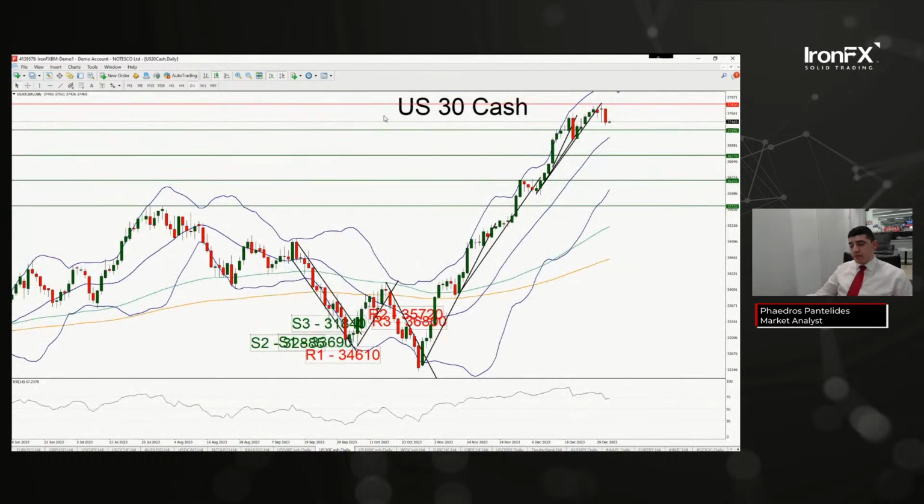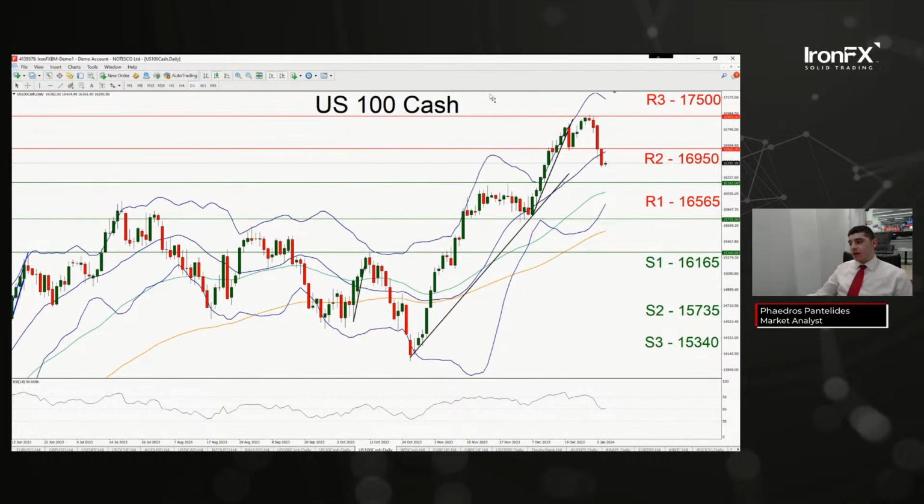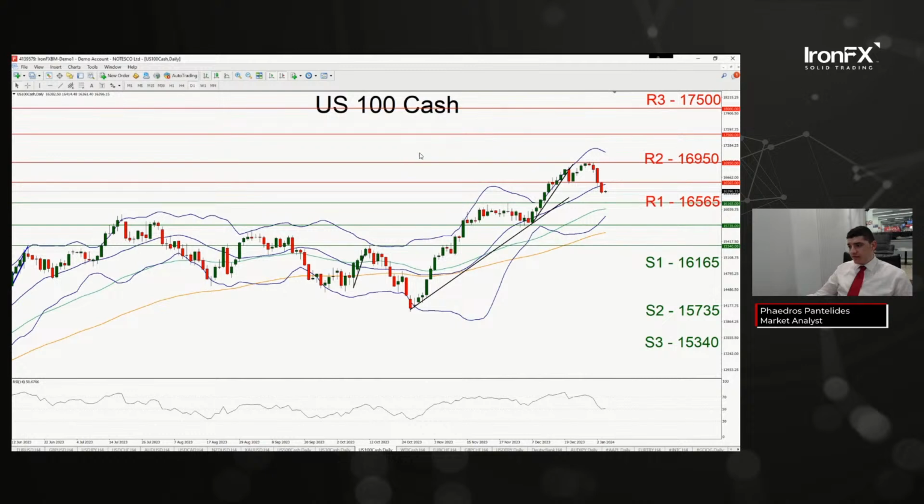Now the Dow Jones 30 appears to be holding on better than its counterparts, the S&P 500 and the Nasdaq. But if you look at the Nasdaq on the daily chart as well, compared to the S&P and the Dow Jones 30, the RSI is much lower, so sideways. But based on the recent price action, I would be bearish for the Nasdaq. So bearish if it breaks below S1 though. For my bearish outlook to be confirmed, it would have to break below S1.